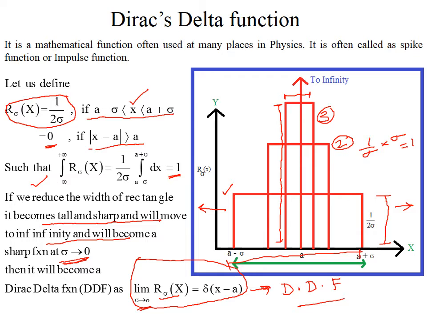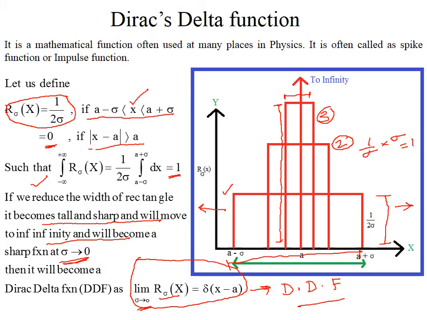Say, if 1 by sigma is the length, then sigma is the breadth, and the total answer will again come to 1. In the third example, the same rectangle is repeated, the width is again decreased and the length is increased. So we can do this up to infinity.